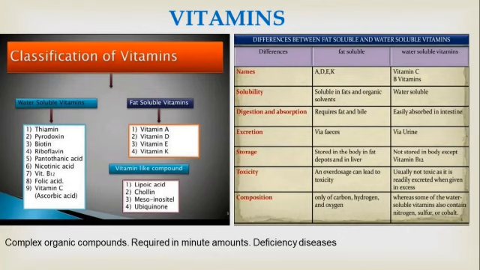While water-soluble vitamins like vitamin C and vitamin B are soluble in water, easily absorbed in the intestine, excreted through urine, not stored in the body except vitamin B12, and usually do not cause any toxicity, and they are composed of nitrogen, sulfur, and cobalt.